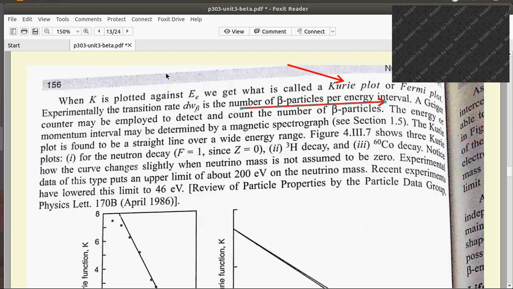From 2 to 3, how many beta particles, 3 to 4, how many, and so on. That is what the number of beta particles per energy interval means: for a particular energy interval, how many beta particles are present. That is what dWFI means here. The Curie plot is found to be a straight line over a wide energy range. Is everybody clear about this? Any questions, queries?